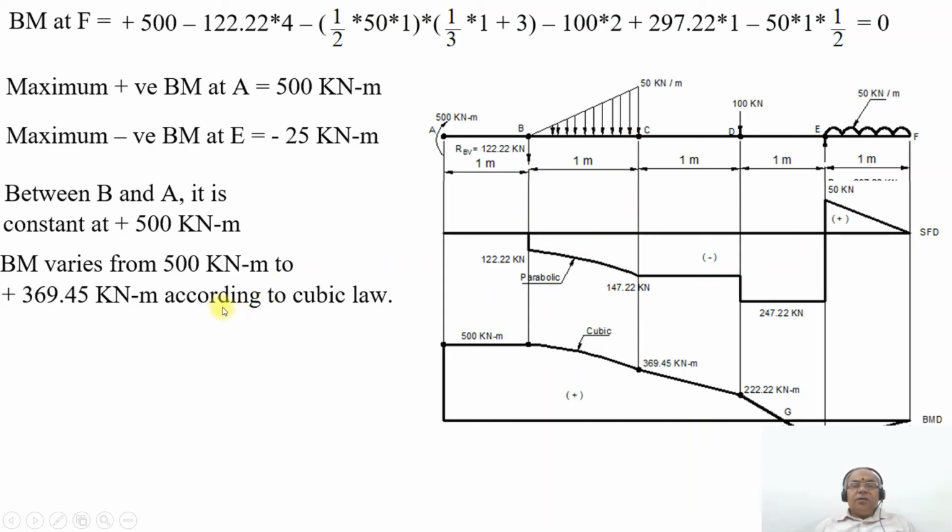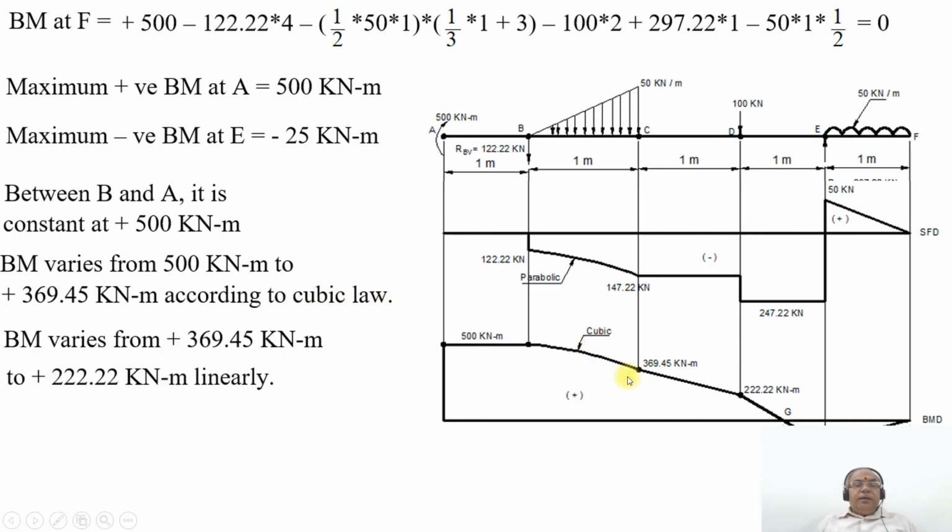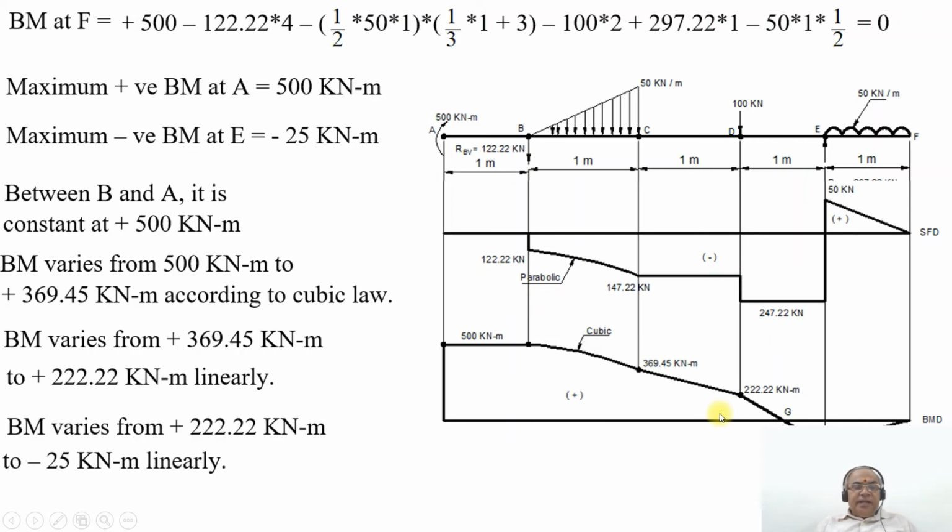Therefore, it follows a cubic law. Then BM varies from plus 369.45 to 222.22 kilonewton meter linearly. Between D and E, it varies from plus 222.22 kilonewton meter to minus 25 kilonewton meter linearly.